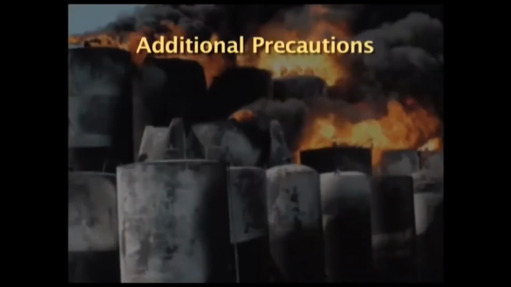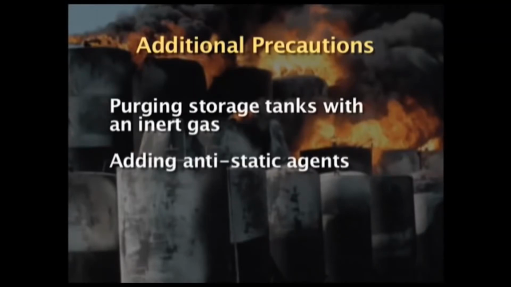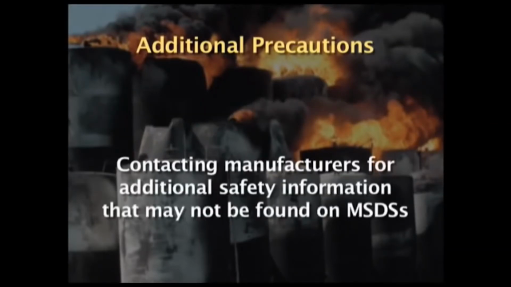Because most material safety data sheets do not communicate all the hazards of non-conductive flammable liquids, the CSB recommends companies take additional safety measures when handling these materials. The CSB said companies should consider purging storage tanks with an inert gas to remove oxygen, adding anti-static agents to non-conductive liquids, pumping liquids more slowly, and contacting manufacturers for additional safety information that may not be found on MSDSs.